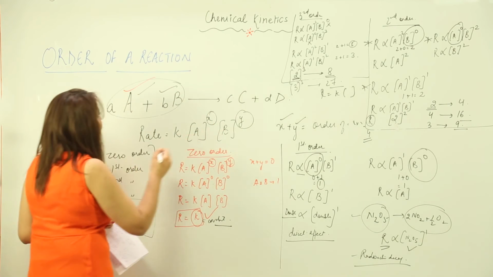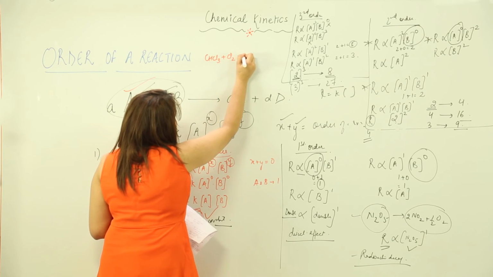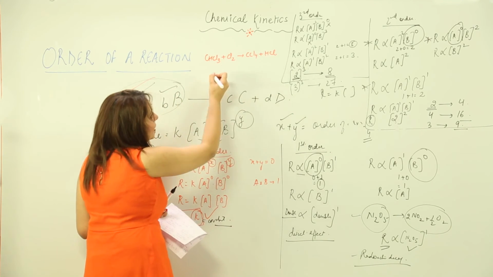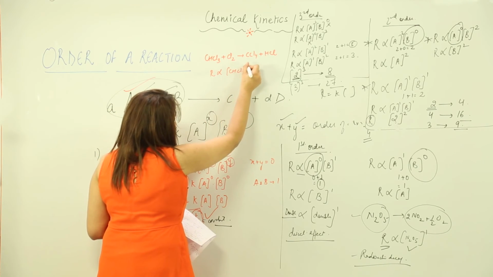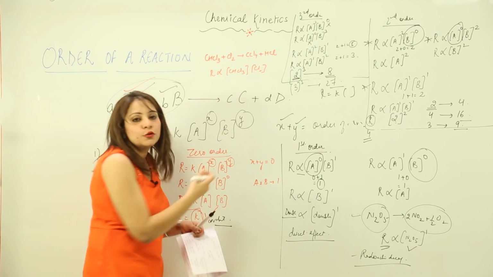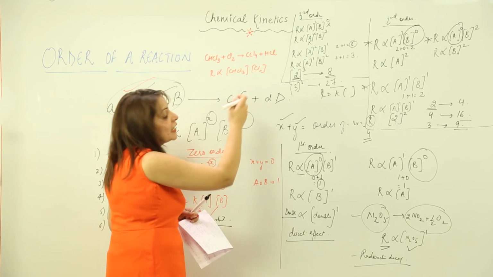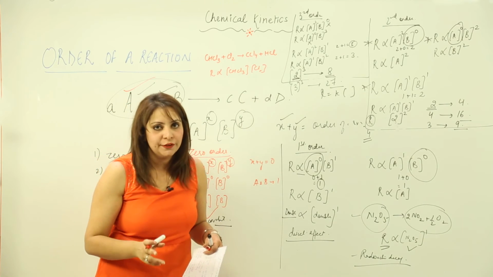Just look at the board. I told you one more example before also. Suppose we have CHCl3 plus Cl2, it gives us CCl4 plus HCl. In this reaction, the rate depends upon the concentration of CHCl3 and Cl2. Obviously, it is going to depend on it, because these are reactants. But when we talk about their powers, as I told you, X and Y are just experimental values, not the stoichiometric coefficients.